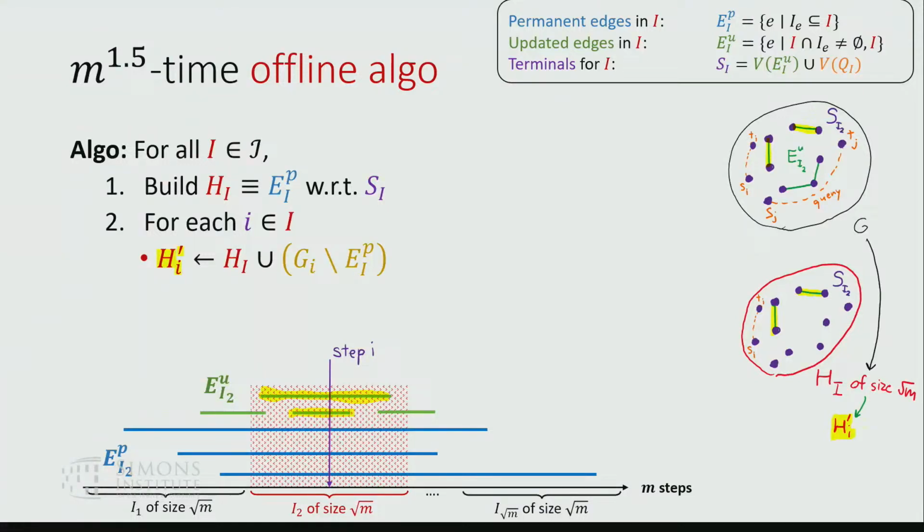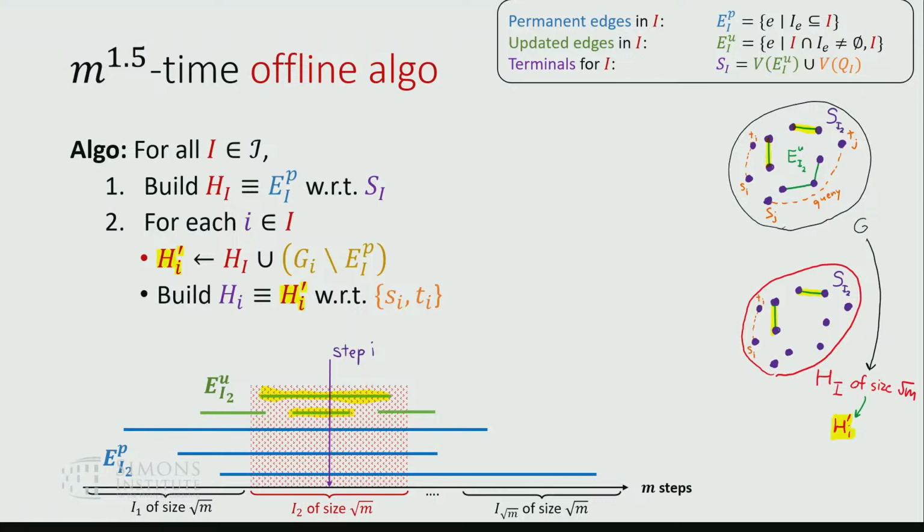So let's say only two guys here are in G_i. Those are the guys that I add into H_I and get H_I prime. So H_I prime is just a graph where I add an edge that is specific to G_i to H_I. And this graph is still of size root m.